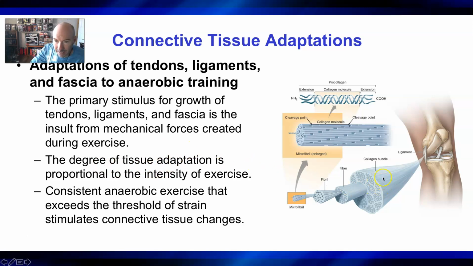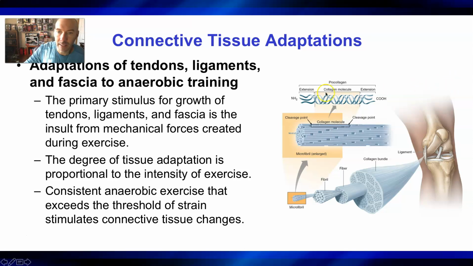If we're looking at this example of a ligament, the collagen fibers are going to undergo remodeling, and their matrix, which is shown here, is going to be made more fluid, in terms of being better able to withstand force and better able to transmit force.